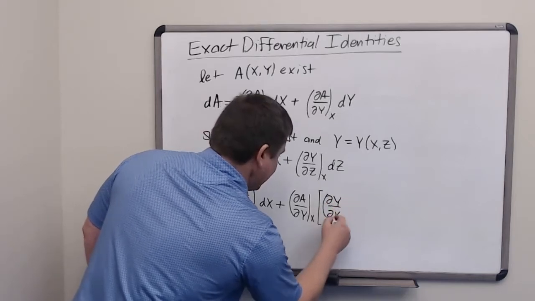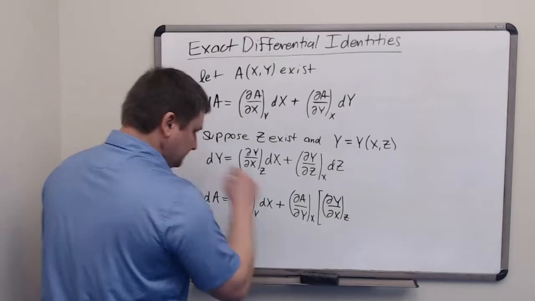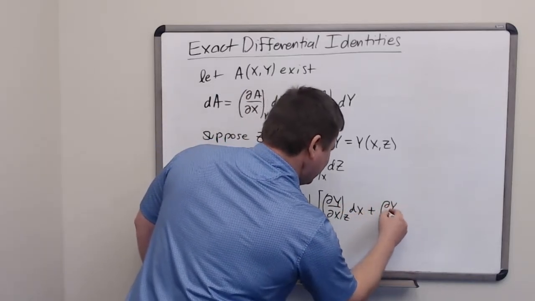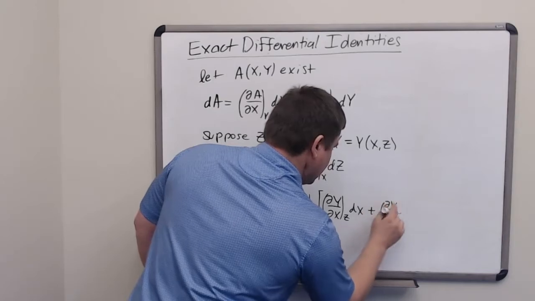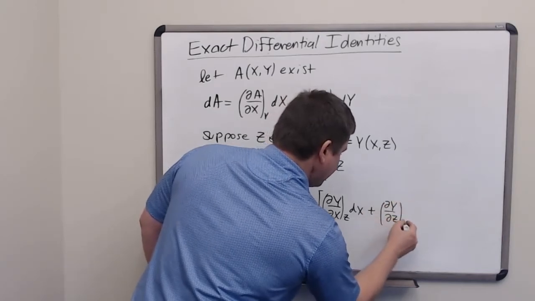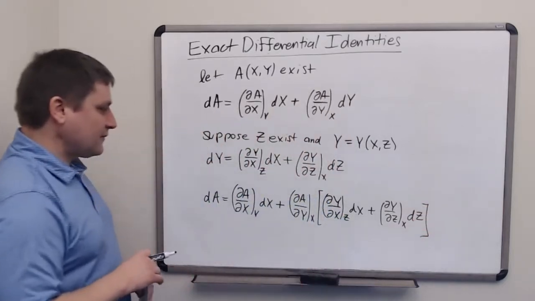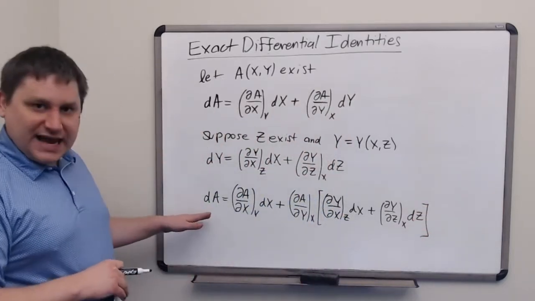So dy dx and dy dz. So that's what we get for dA.